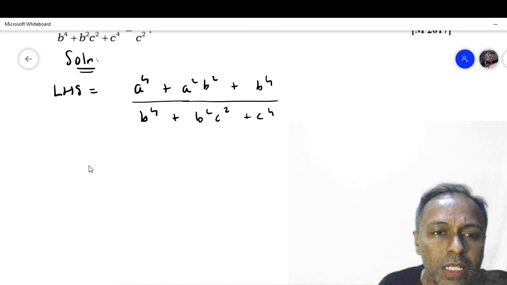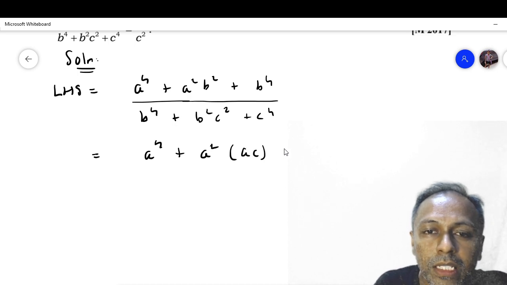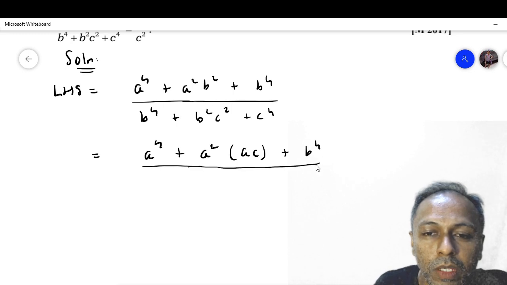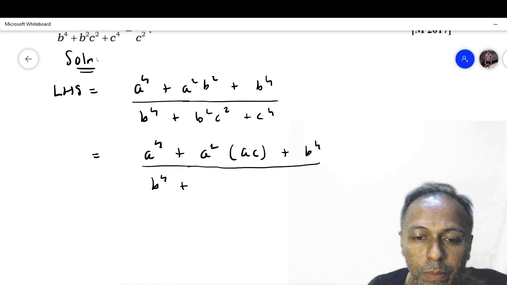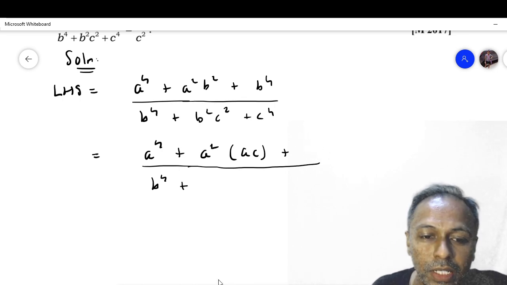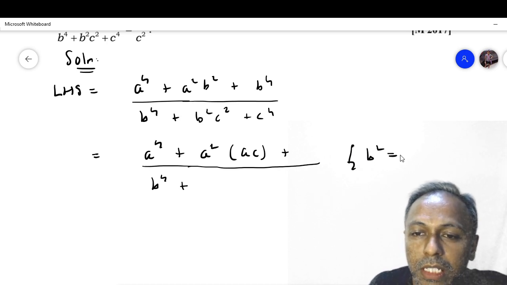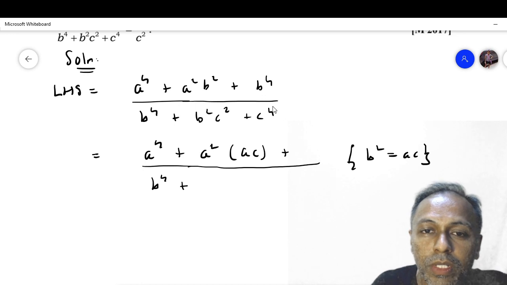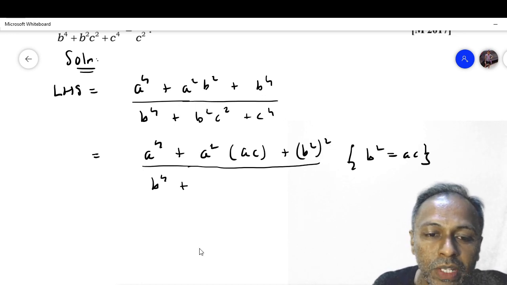We are trying this time by some another way. So A raised to 4 plus A square into B square is AC plus B raised to 4 upon B raised to 4 plus B square, what did we have to write in place of B square? AC, right? So we can write this as, right, B square is equal to AC. So this B raised to 4 can be written as B square whole square.